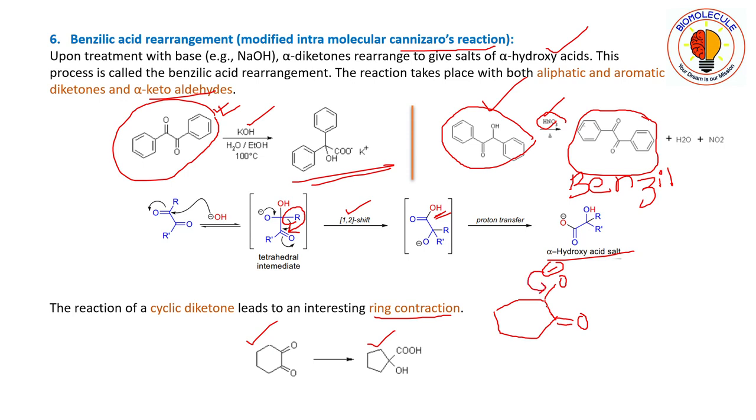Now if you look at this carbon atom, this carbon atom is now pentavalent. So it has to maintain its tetravalency. So what it will do is it will make one of its bonds migrate to the adjacent carbonyl carbon.